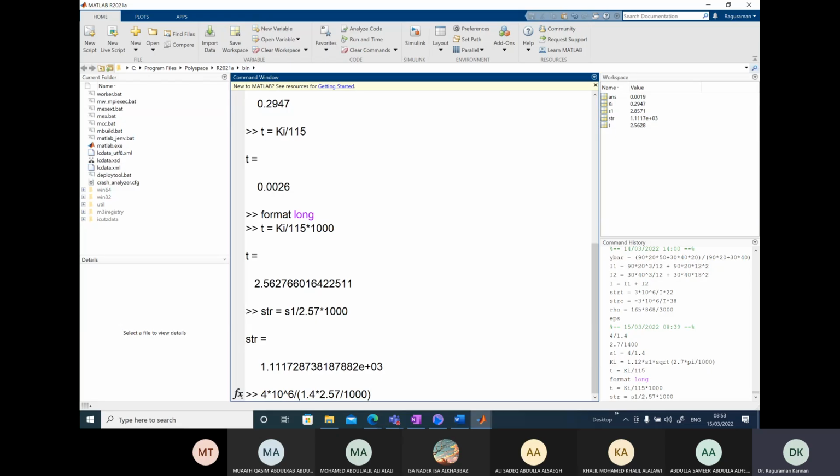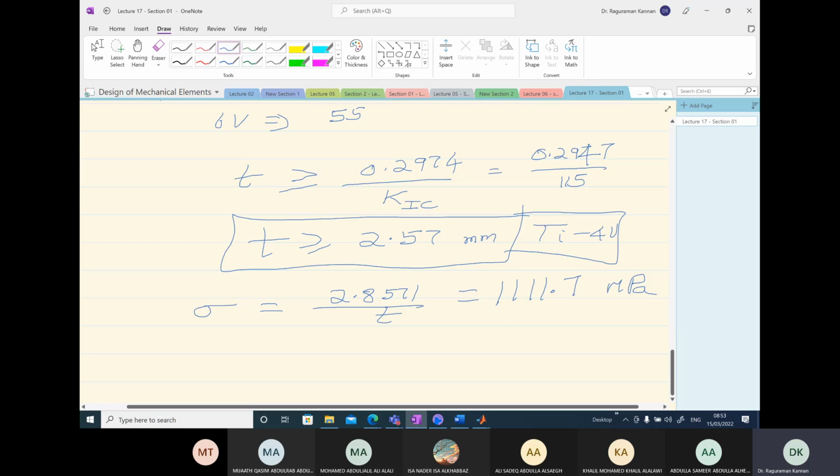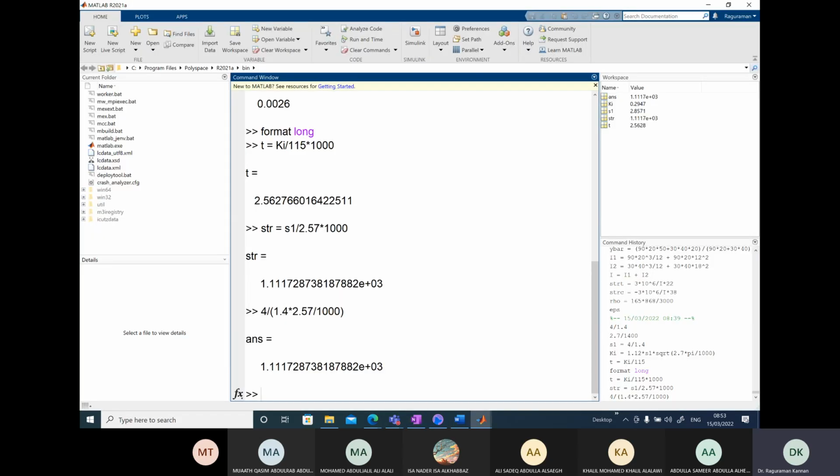We have done that. We want the result in megapascals, so we can divide by 10 power 6. So I can get rid of this 10 power 6, and yes, same result. Okay. So we have 1111.7 megapascals, which is greater than the SY value for the material.